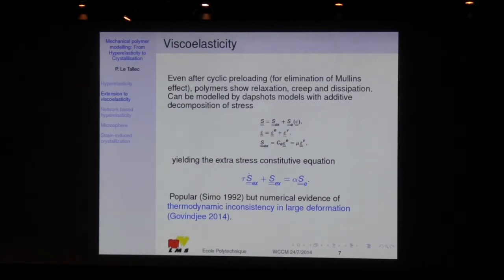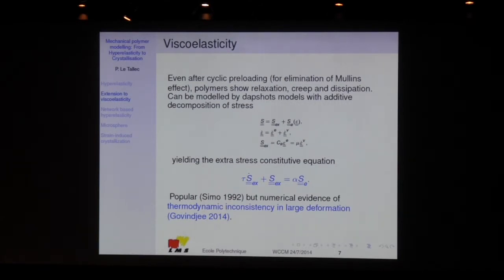And the extra stress is governed by some kind of dashpot rheological model, which leads you to a differential constitutive equation governing this extra stress, here in the reference configuration, or in polymer liquids in the present configuration. This model is quite popular. It is very interesting for engineers because the coefficients in the law can be easily related to simple experiments like DMA, like dynamic shear analysis.